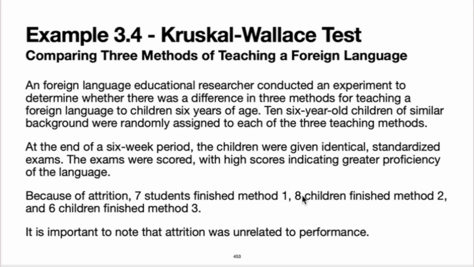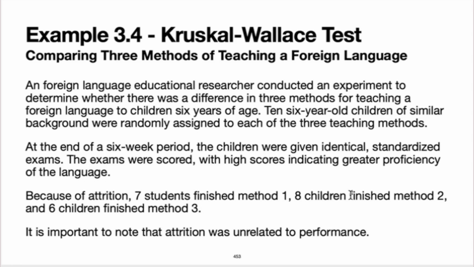We started off with 30 kids, and we randomly assigned 10 to each of the 3 teaching methods. At the end of a 6-week period, the children were given identical standardized exams. The exams were scored with high scores indicating greater proficiency in the language. Because of attrition, we don't have results for all 10 students within each of the treatment groups.